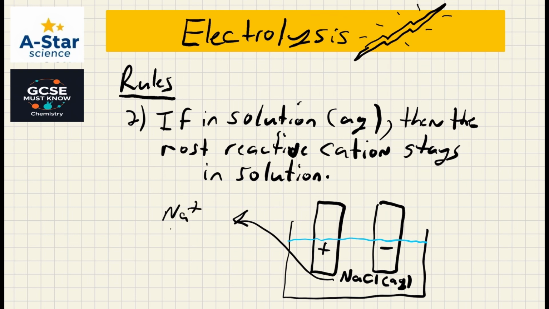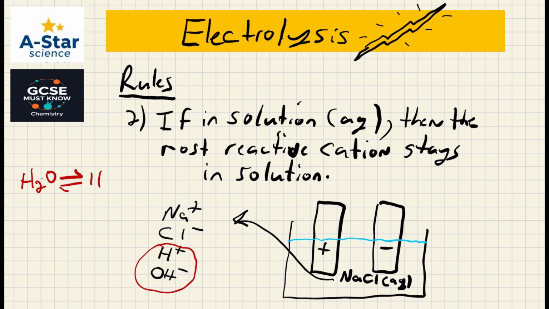I'm going to have a chloride ion, which is negative. I'm going to have the ions present in the water, which is hydrogen plus and hydroxide or OH minus, because we know that water is composed of H2O, and so that H2O is going to separate into H plus plus OH minus.